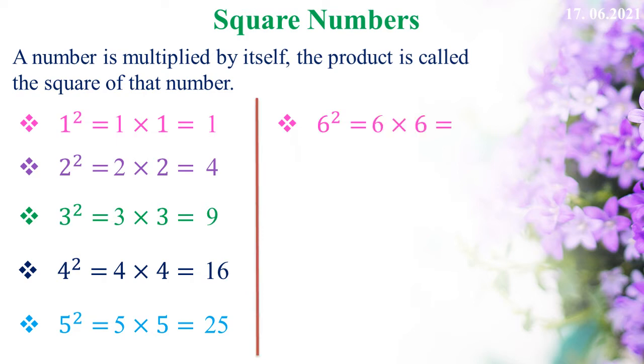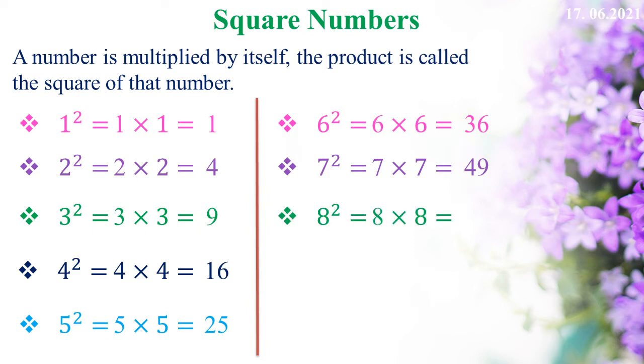6 square equals 6 into 6. We get 36. 7 square equals 7 into 7. We get 49. 8 square equals 8 into 8. We get 64. 9 square equals 9 into 9.